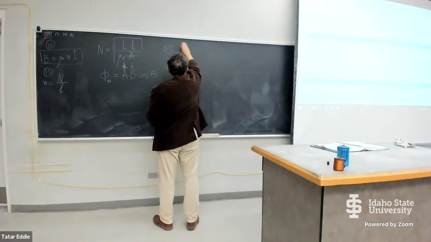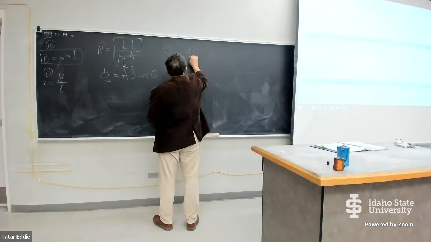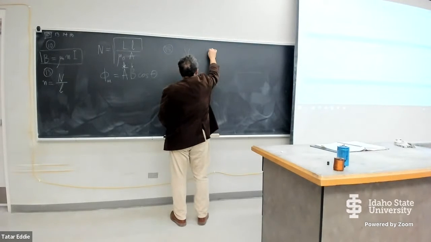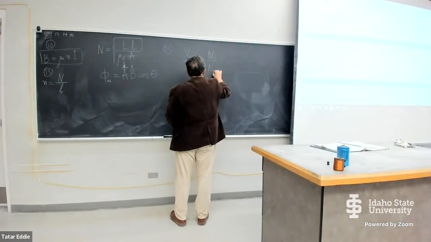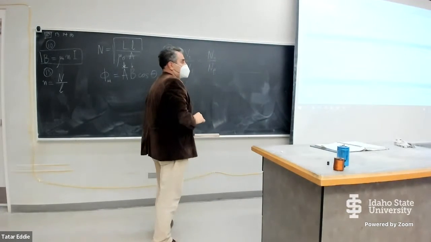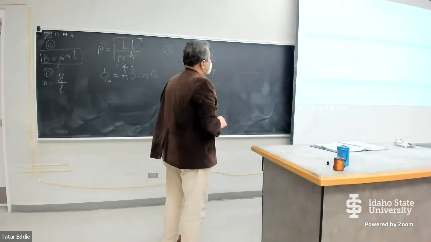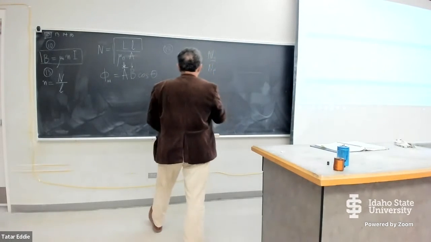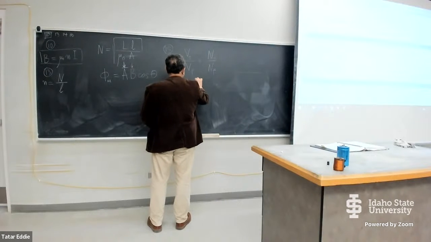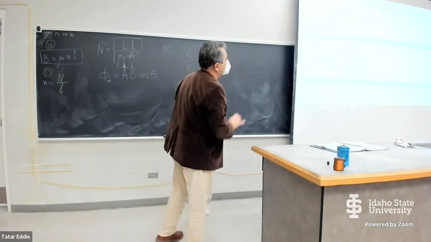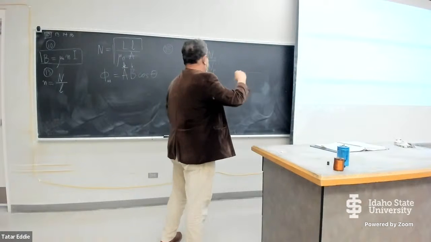So voltage in the secondary divided by the voltage in the primary is equal to the number of turns in the secondary divided by the number of turns in the primary. They practically tell you that voltage in the primary is 110, at least for my version.